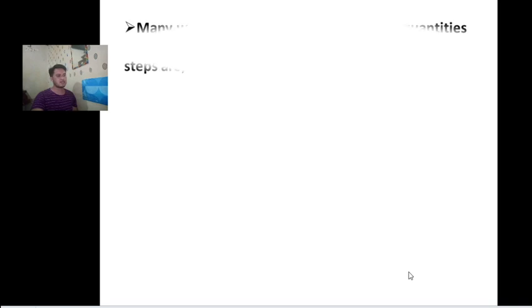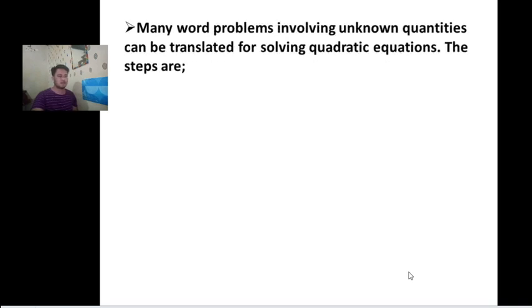Next, many word problems involving unknown quantities can be translated into quadratic equations.